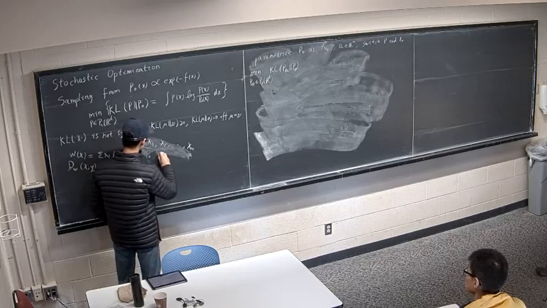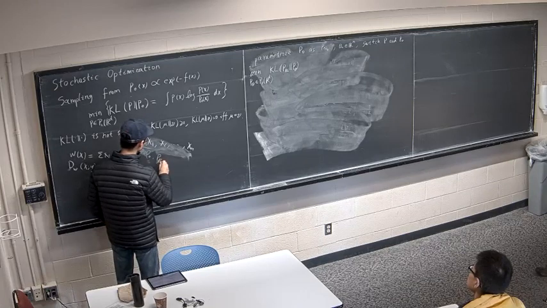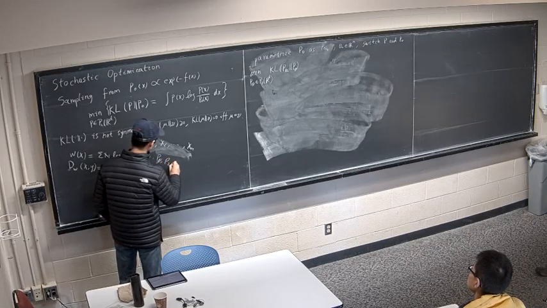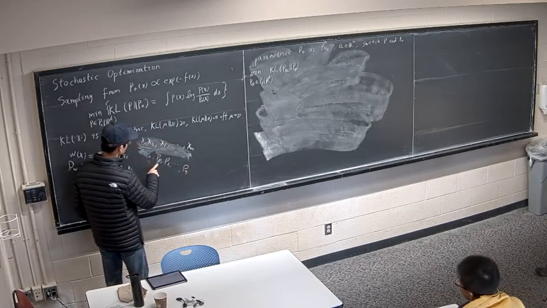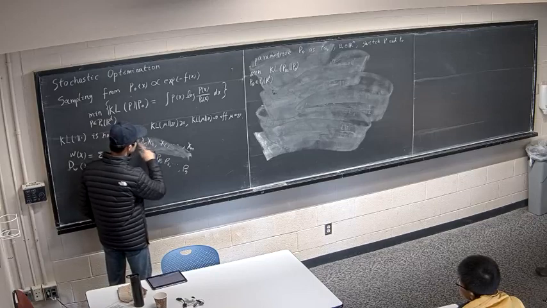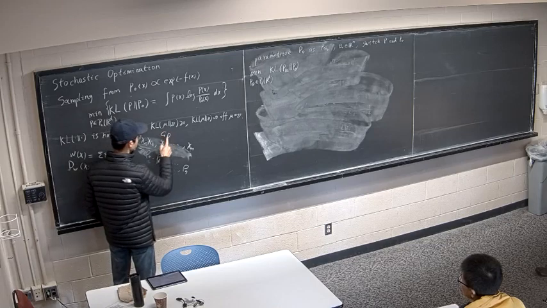And then you can evolve along some dynamics so that the distribution will also go along a trajectory. For example, this follows gradient descent, right?